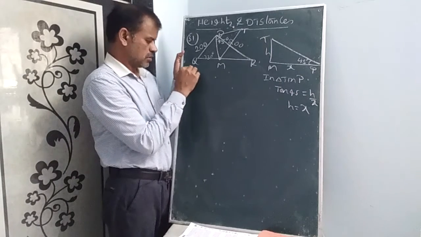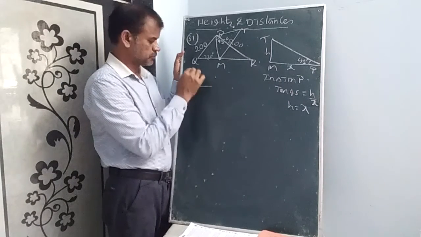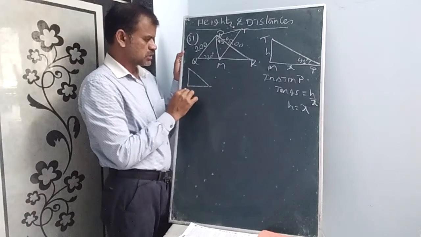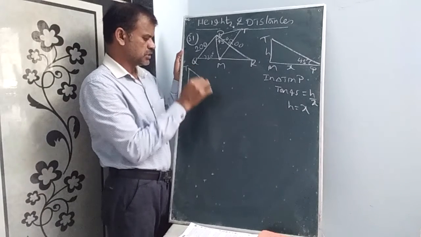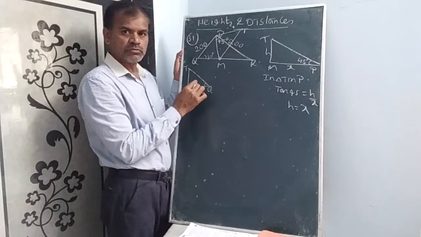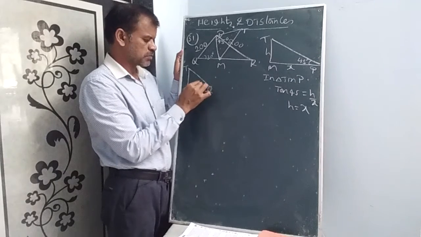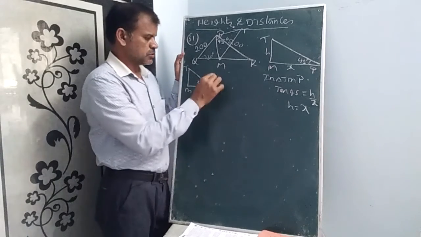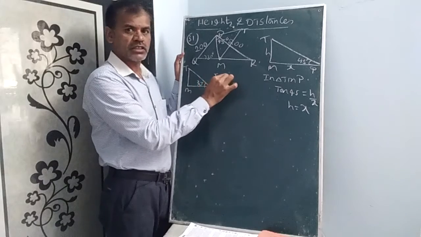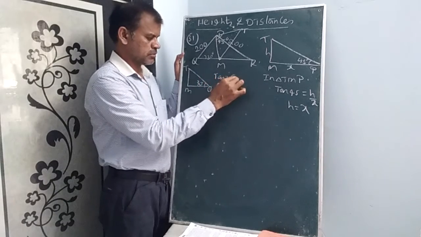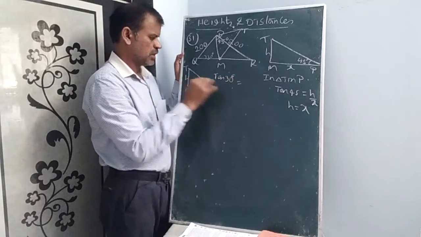Now draw another triangle also. This is M, this is T, this is Q. At Q, the TV tower subtends an angle of 30 degrees. So in this triangle, tan 30 degrees is equal to H by MQ.